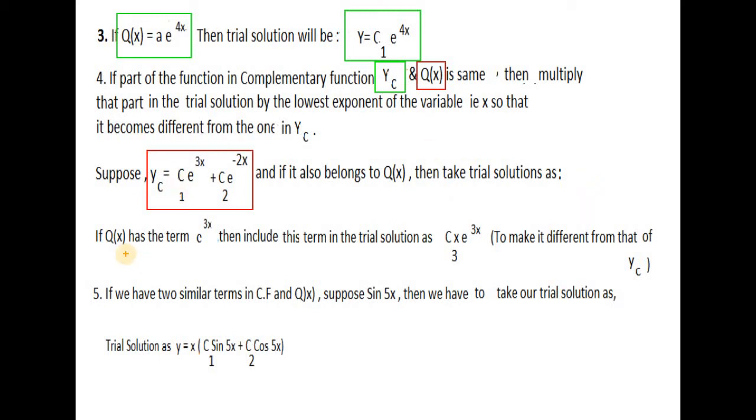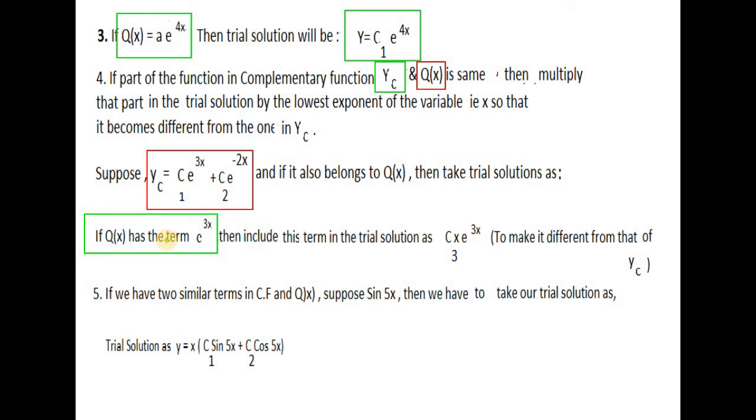If q of x has the term e power 3x, which is also a term of the complementary function c1 e power 3x, here we have similarity in the complementary function and in function q.